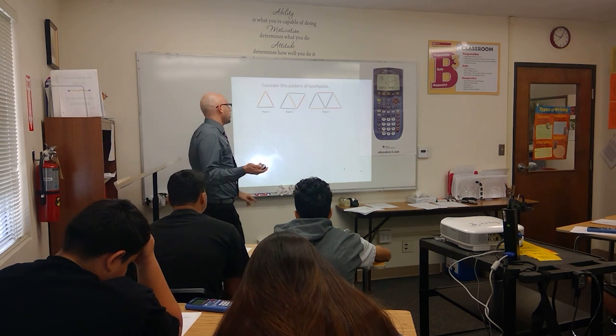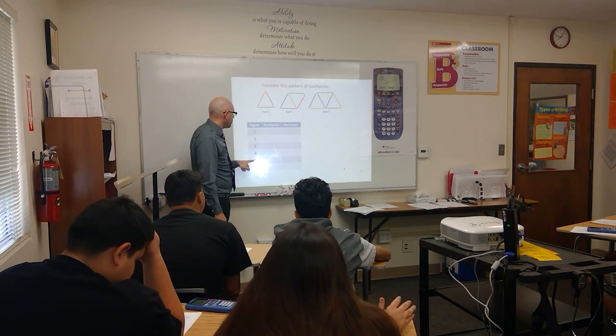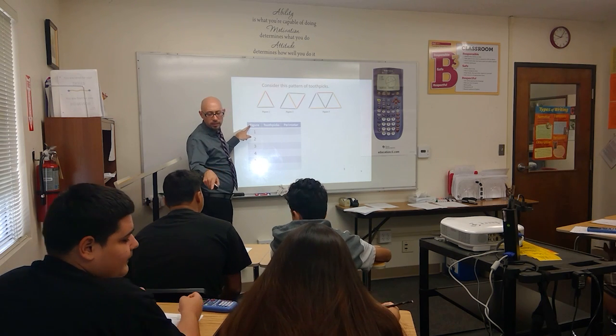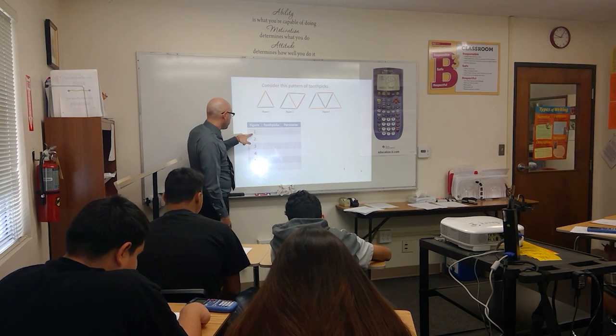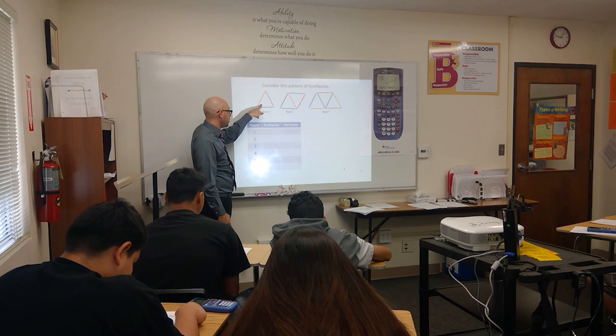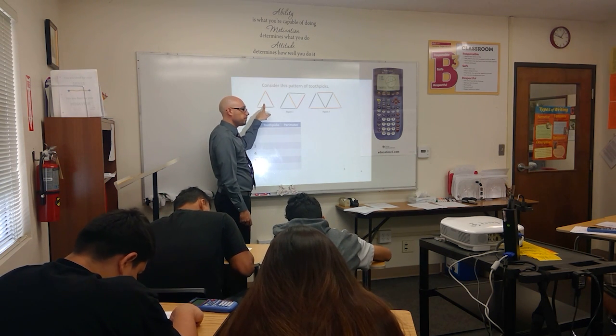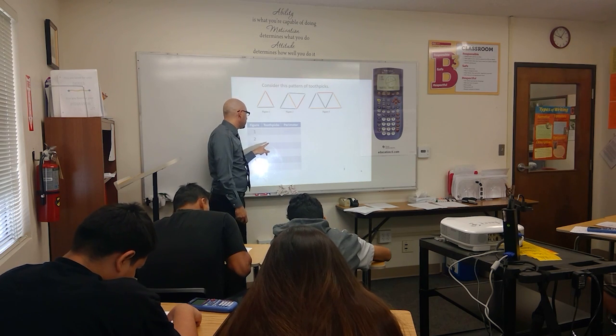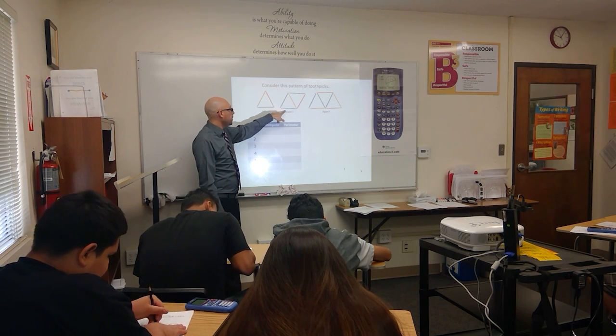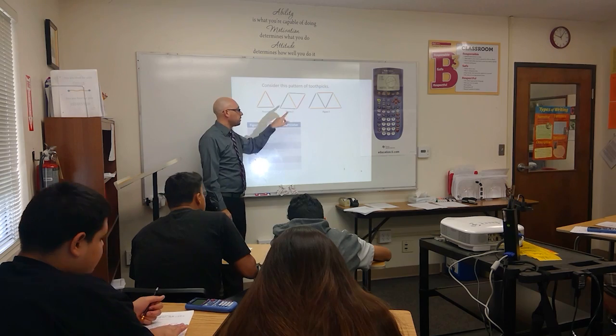So let's record that data in that chart that it gave us. I think it's on step 2. It says figure 1, how many toothpicks to make it, and what's the perimeter? Same with figure 2.